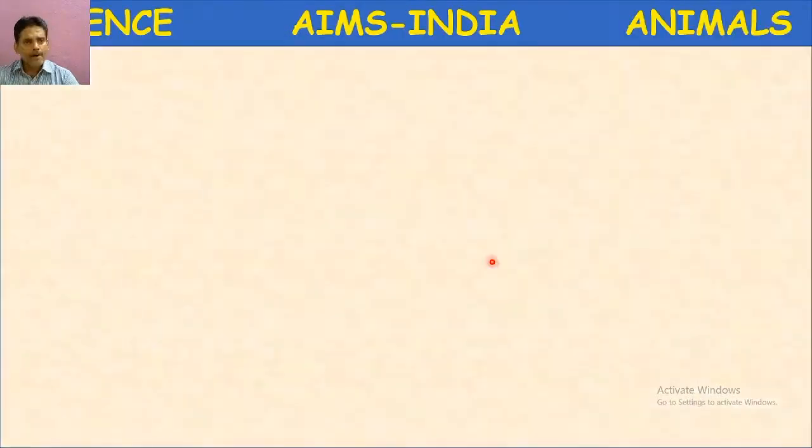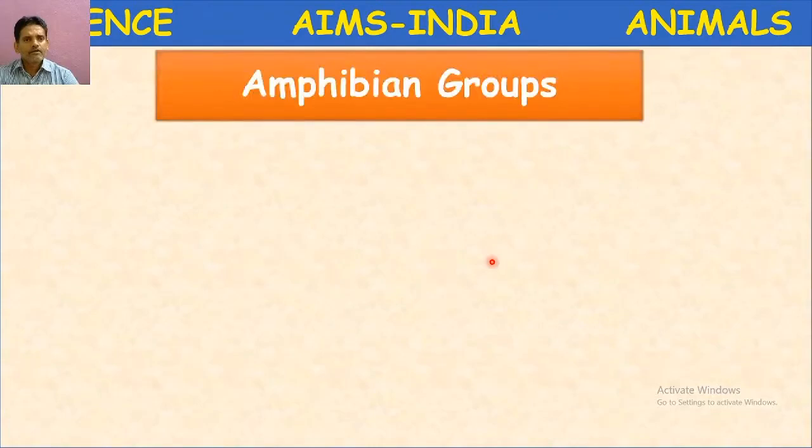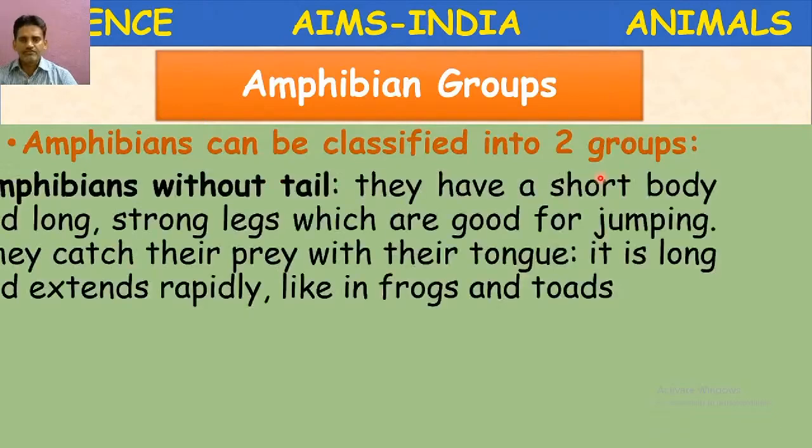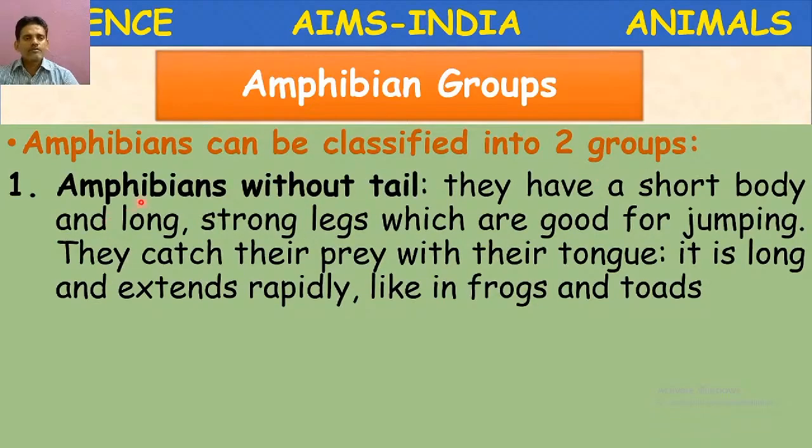So let us discuss about the amphibian groups. Amphibians can be classified into 2 groups. The first group, amphibians without tail. Example, frog.